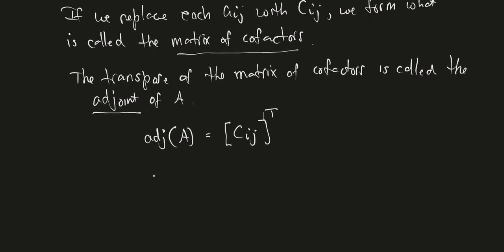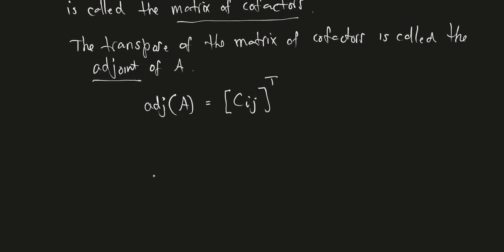Let's illustrate finding the adjoint. Let's do it for a 2 by 2, since it won't be too tedious. So let's use our A as the generic matrix with entries a, b, c, d. This matrix has 4 cofactors: C11, C12, C21, and C22. So let's find all of those.